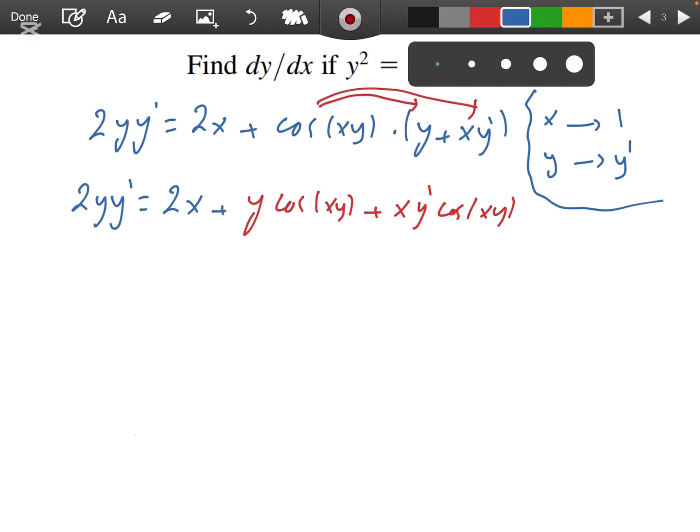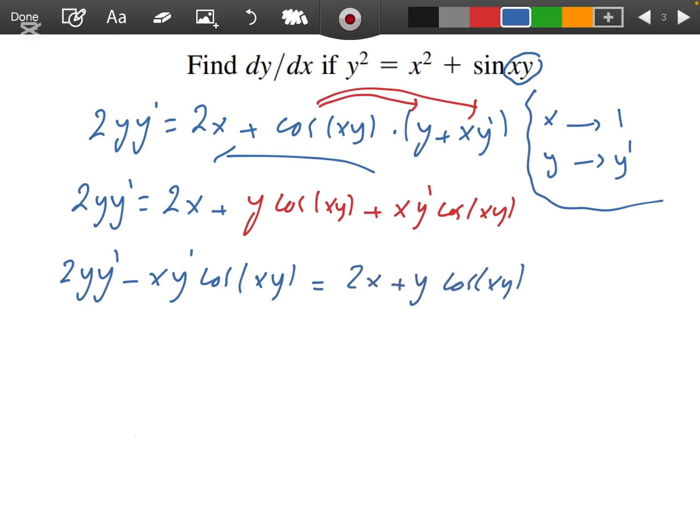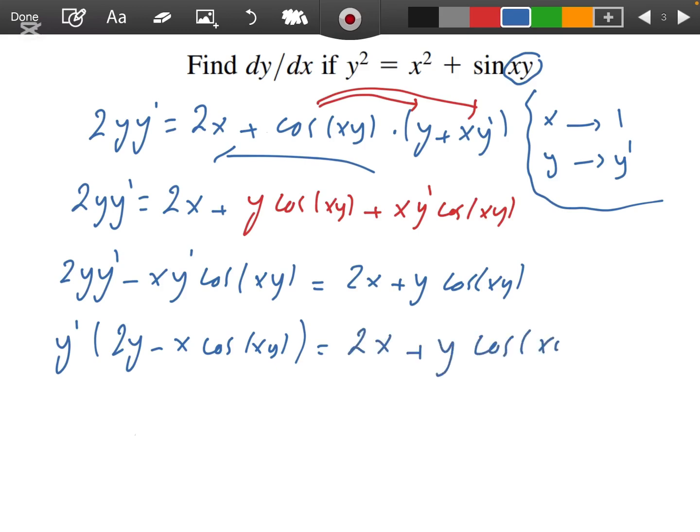Taking everything that contains y prime to the other side, so 2y y prime minus x y prime cosine xy is equal to 2x plus y cosine xy. GCF is y prime: 2y minus x cosine xy equal 2x plus y cosine xy.